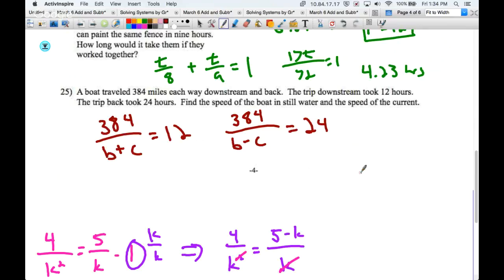Now we've got a system of equations. So let's solve it. I'm going to rearrange this by multiplying b plus c to both sides, and to this one, I'm going to multiply b minus c to both sides.